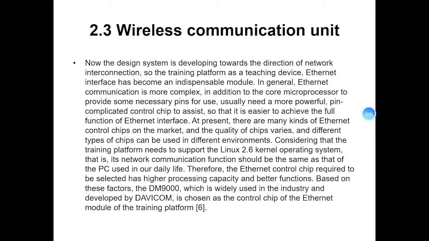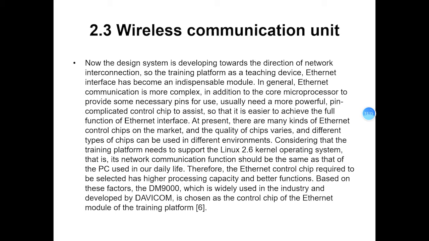At present, there are many kinds of Ethernet control chips on the market, and the quality of chips varies, and the different types of chips can be used in different environments. Considering that the Channing platform needs to support the Linux 2.6 kernel operating system, that is, its network communication function should be the same as that of the PC used in our daily lives.